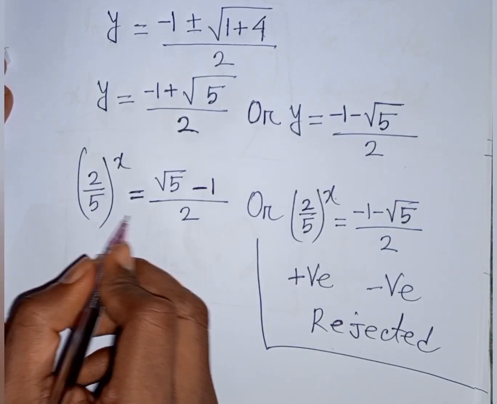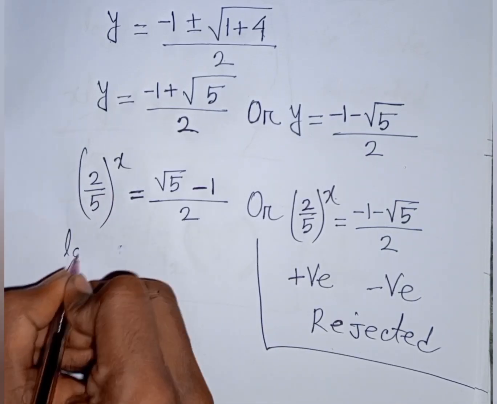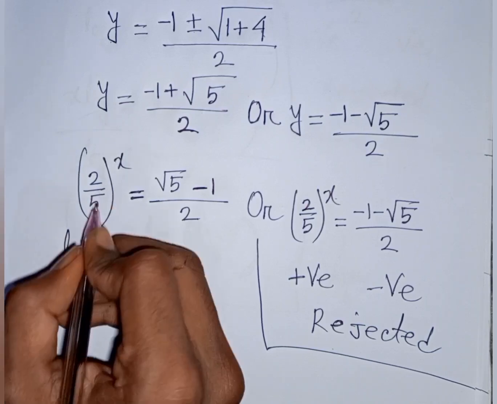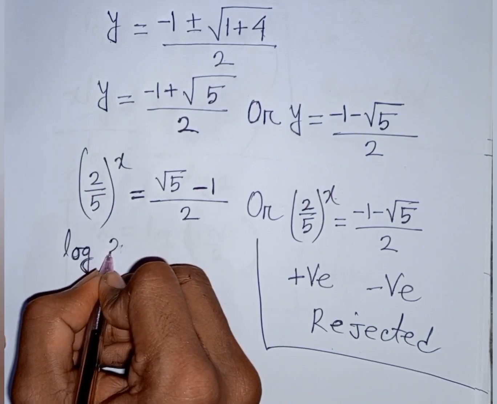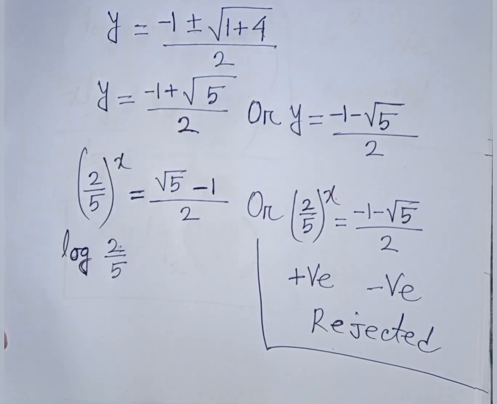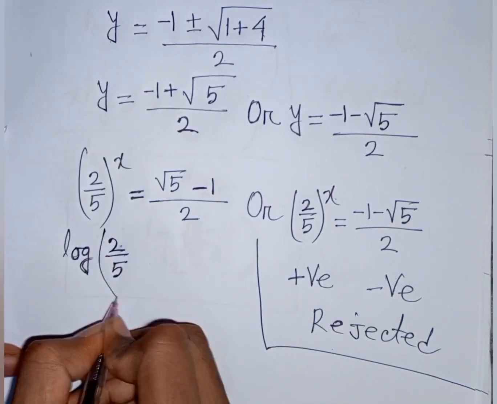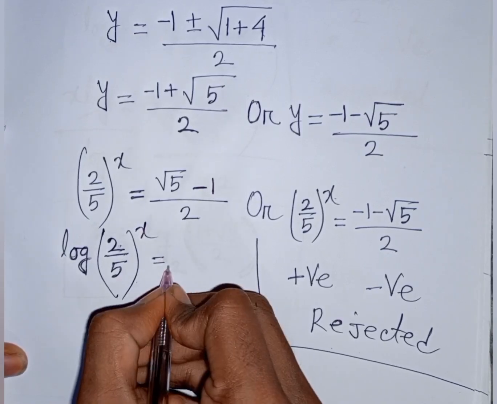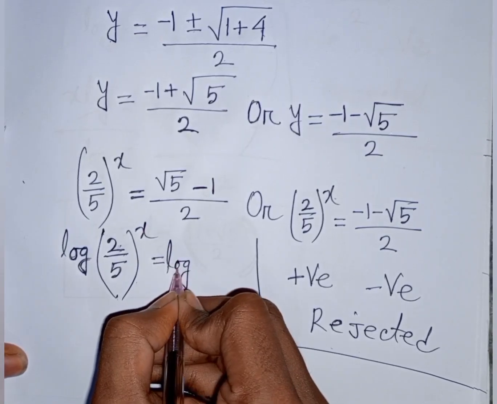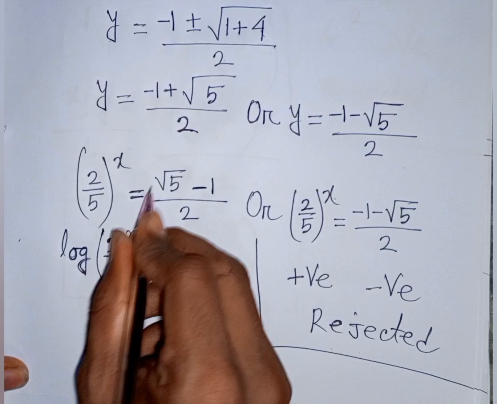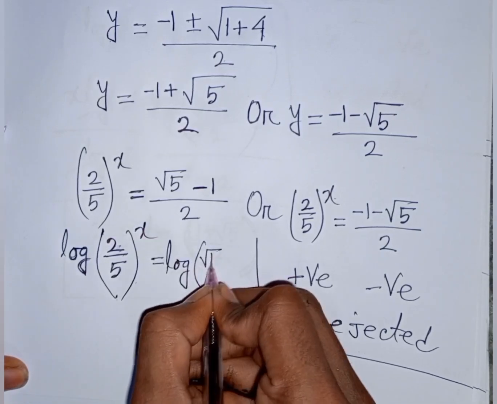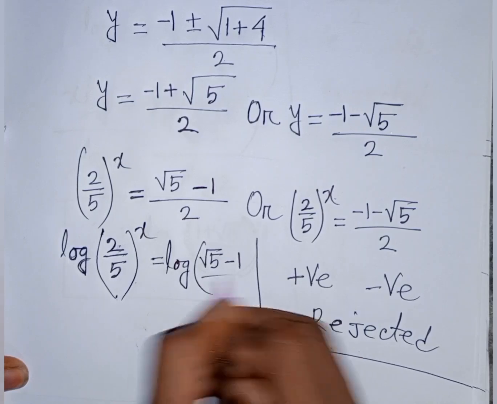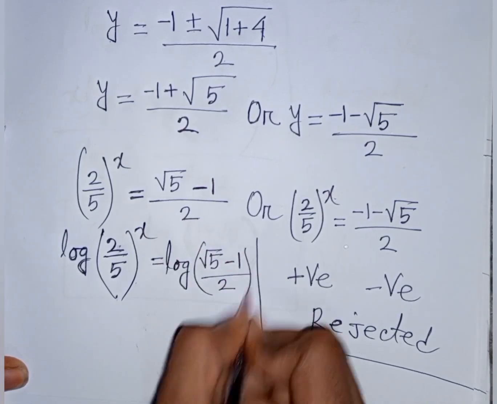Now we take log on both sides, so you can write here log of 2 by 5 bracket power x is equal to log of square root of 5 minus 1 divided by 2.